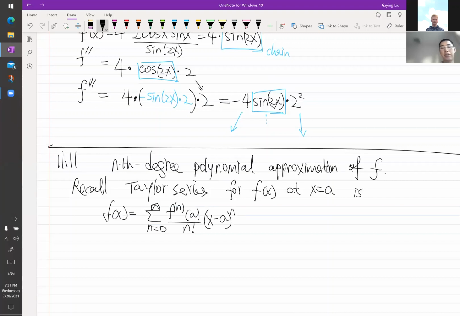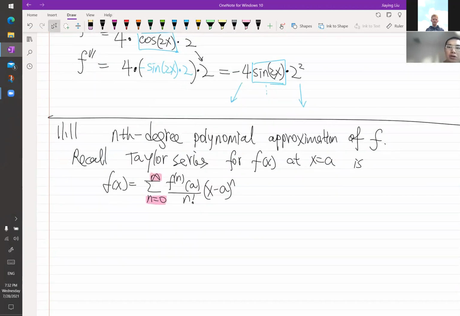So that's the Taylor series expansion, going from n equals 0 to infinity. The nth degree polynomial approximation is just a partial sum of this infinite series.